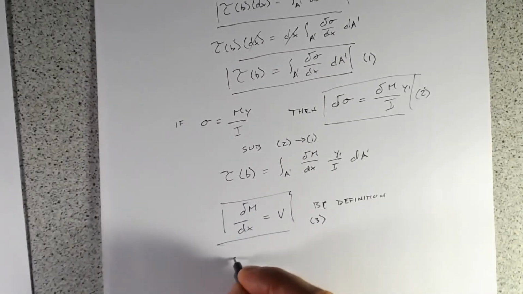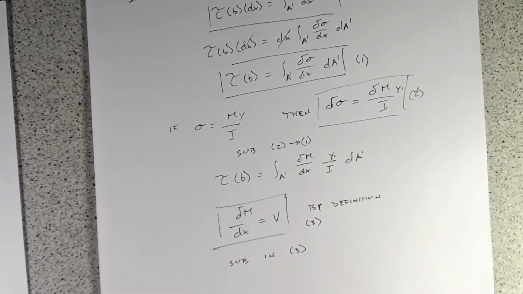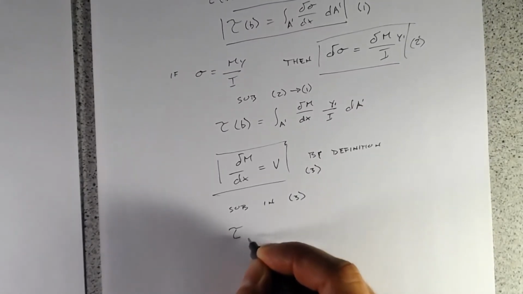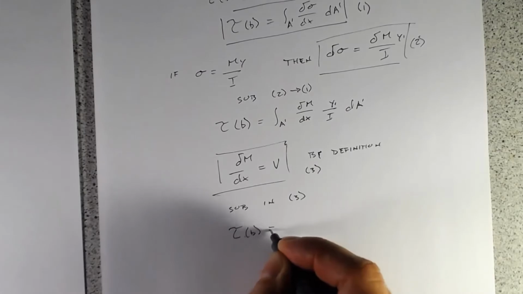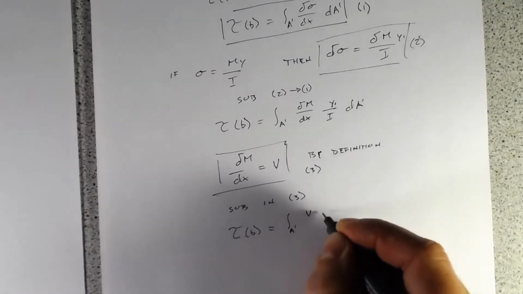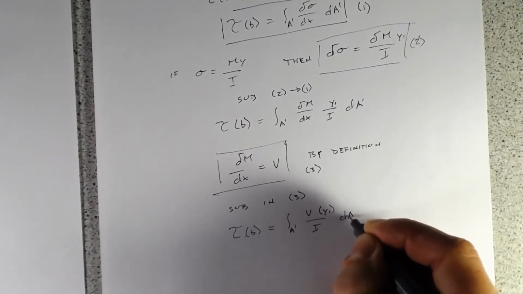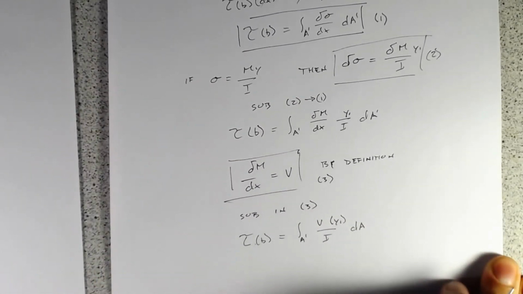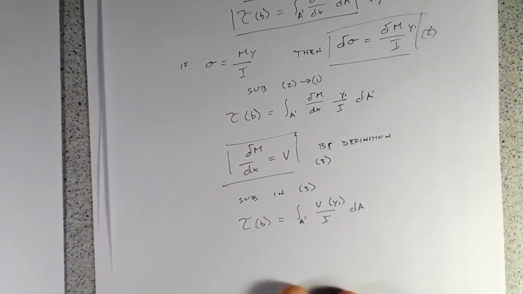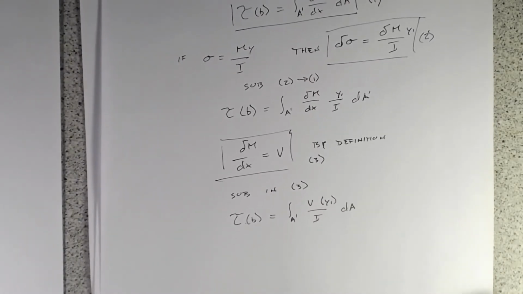So let's sub in equation 3, and what do we find? So we get tau times b equals the integral over A prime of V y1 over I dA. Well, V and I for a given section are constant, so we can move those outside the integral.